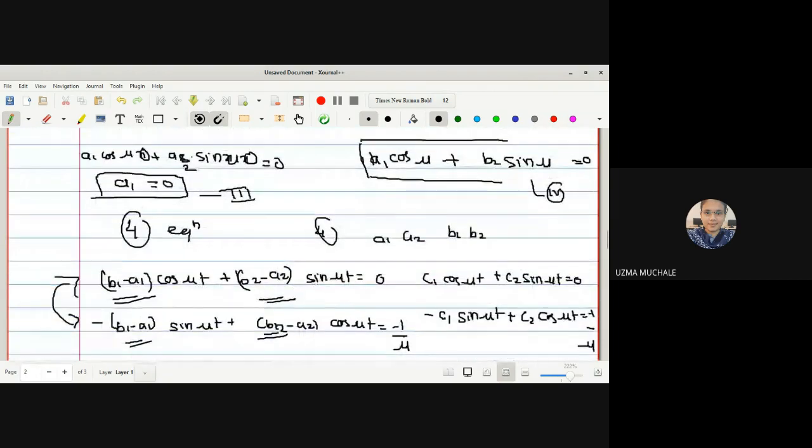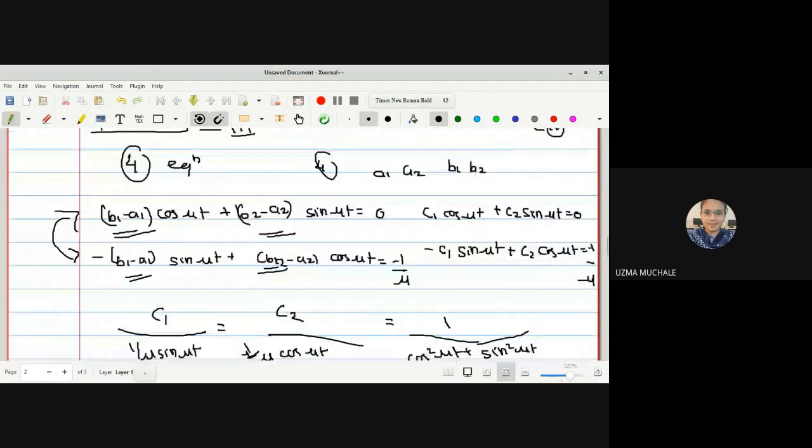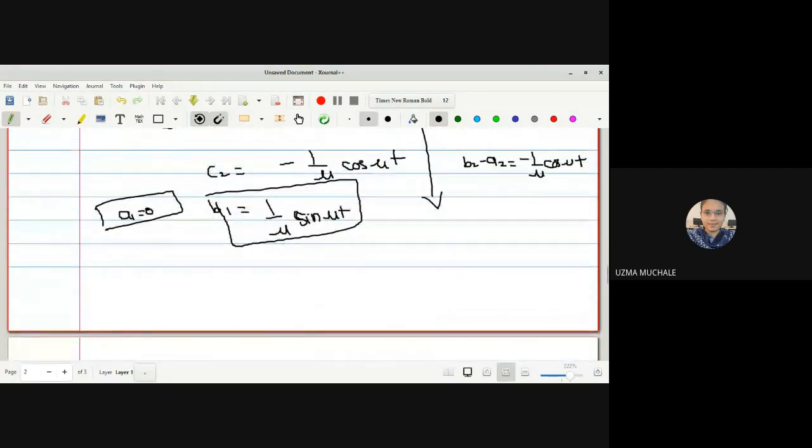Equation 4: b1 cos mu plus b2 sin mu is equal to 0. Here we have the value of b1 as sin mu t divided by mu, and this is cos mu.